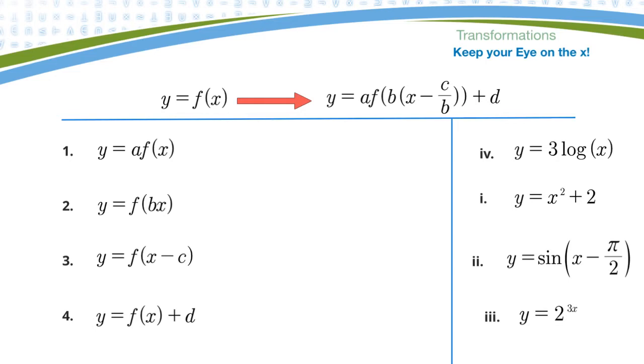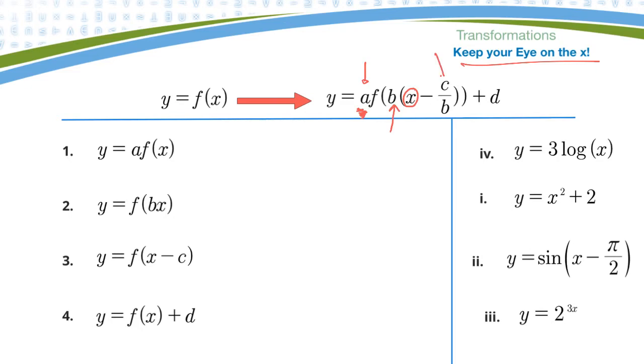So if I put a number out front of a function, it does something. When we're looking at any of these, my title up here is important: see what's happening to the x. There's a number out front of the x here, way out front. That does something to the function. This number that's inside brackets and right in front of the x does something.